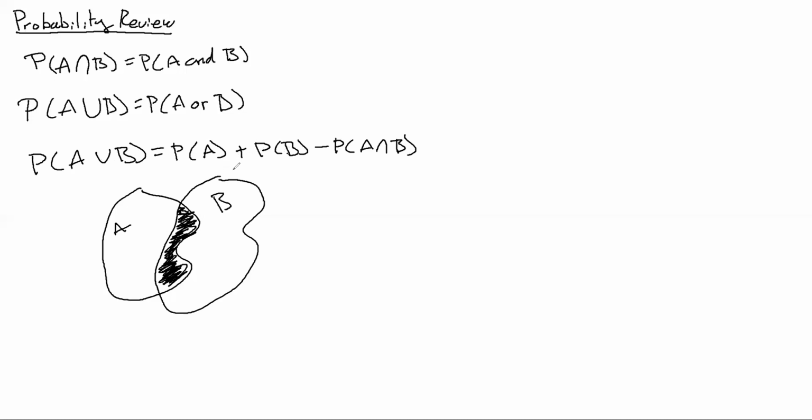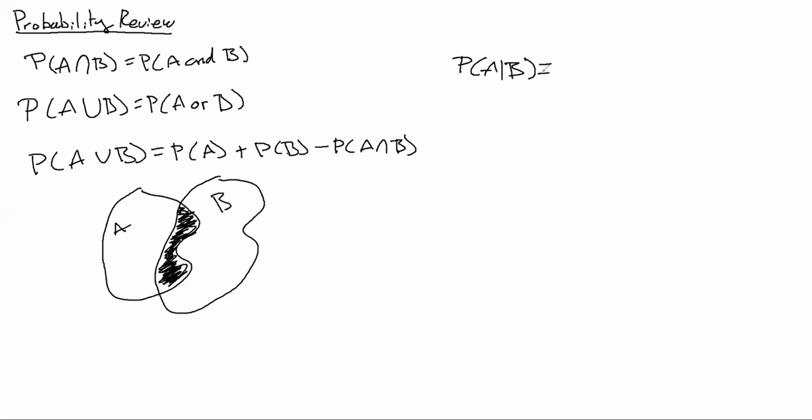Now if we take it a step further, we do a conditional probability. Let's say the probability of A given, that's what that line is, given B. We want to know the probability of A occurring given B has already occurred. Maybe A is it's raining, or sunny, and B is you crave ice cream. If you already crave ice cream, what's the probability that the weather would be whatever it is?